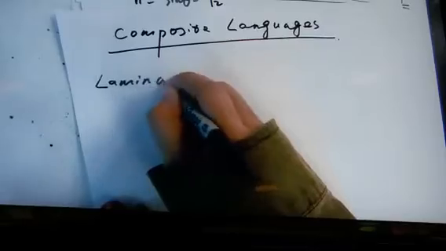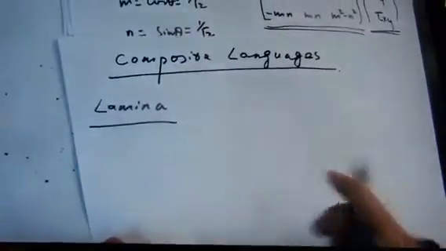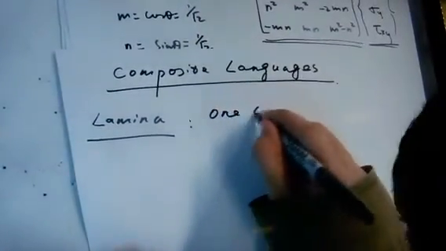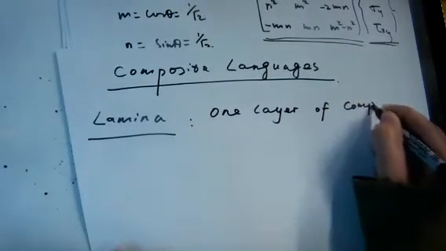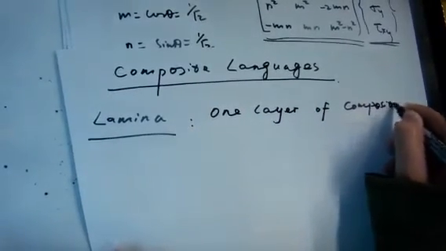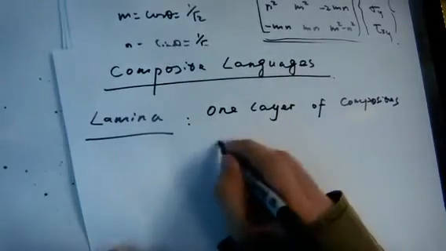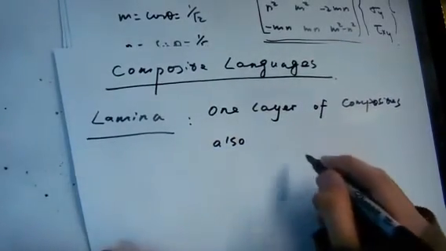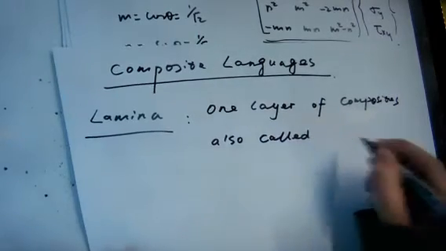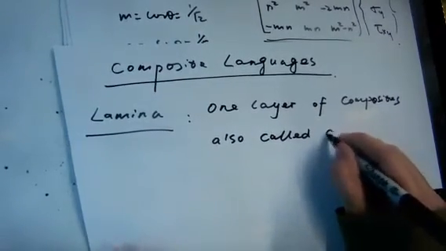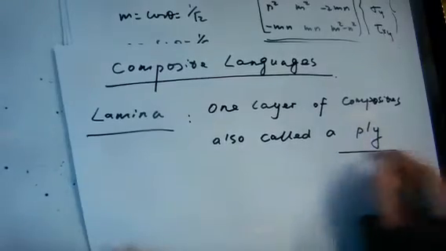So the first definition is called lamina. Lamina is one layer of composites. And also in some textbooks or in some courses, they refer to this lamina as a ply.